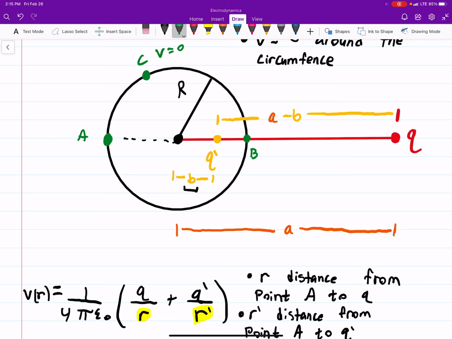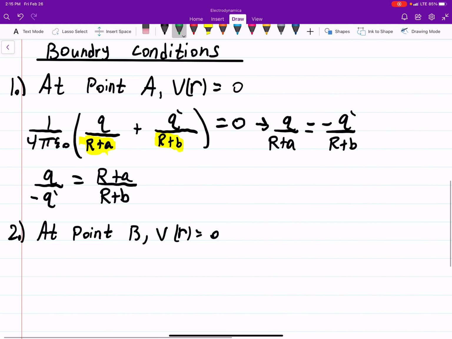But C doesn't really make sense because it would be difficult to get. You could do it, but A and B are just easier to find. That's why A and B were easier to do, because it's just a straight line. But anyways, that's where the points are coming from. That's why we picked those points.